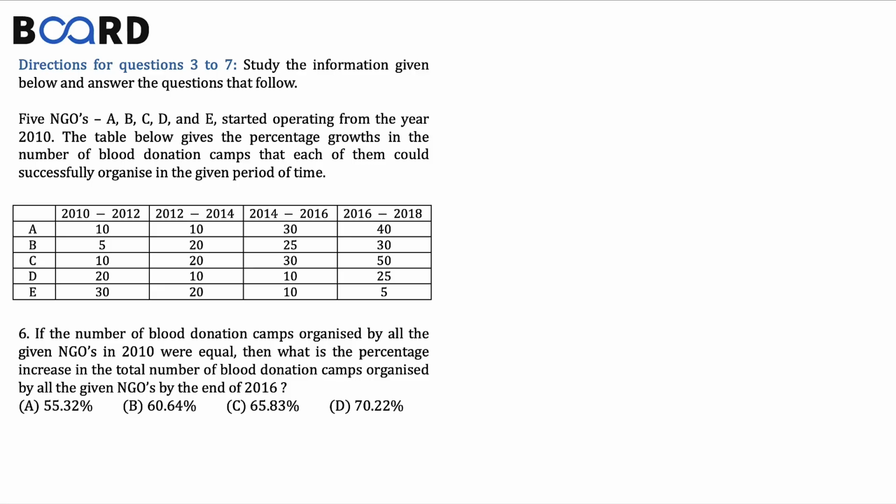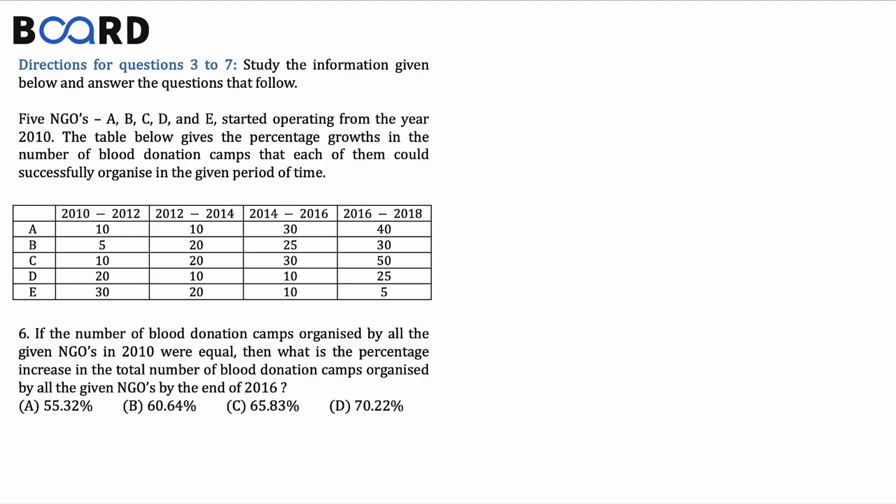Then from 10 to 12, A has to increase by 10%. 12 to 14, another 10%, 14 to 16, another 30%. So we figure out the successive percentage change from 10 to 16, apply that to 1000 and get to a final value. That's only for A. We have to do this entire thing for all the 5 companies.